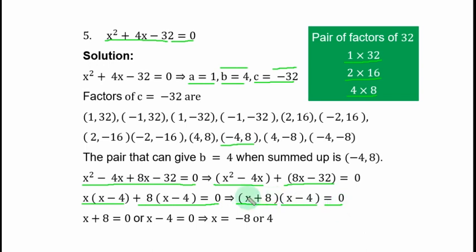Then you equate each bracket to 0. So you have s plus 8 equal to 0, or s minus 4 equal to 0. When you transfer the constants, plus 8 and minus 4 respectively, you have s equal to minus 8 or 4.